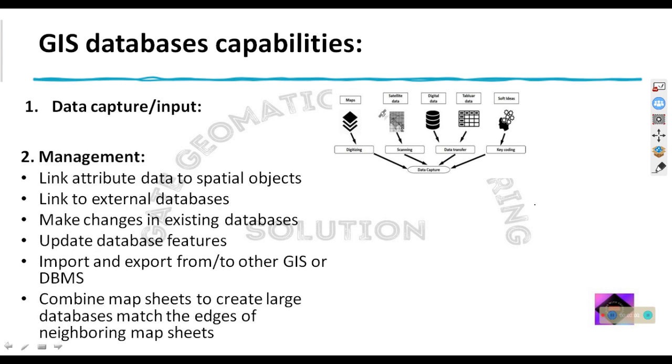Another one is data management. You can link the attribute data with the spatial data that I have already shown you based on the GIS structure, and you can import or export in the GIS DBMS structure. So GeoServer is one of the database structures for GIS, and you can combine map sheets and create large databases and match the edges of neighboring map sheets by changing the projection or various manipulation techniques.